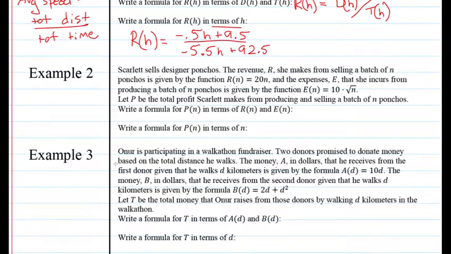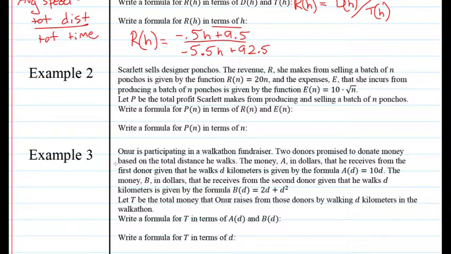The revenue she makes from selling a batch of N ponchos is given by the function R of N equals 20N, and the expense E that she incurs from producing a batch of N ponchos is given by the function E of N equals 10 times square root of N. Let P be the total profit Scarlett makes from producing and selling a batch of N ponchos. Write a formula for P of N in terms of R of N and E of N.